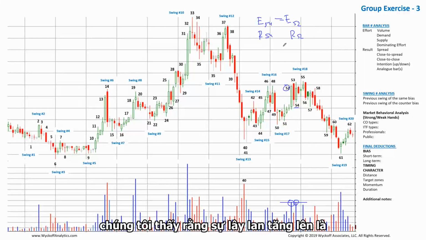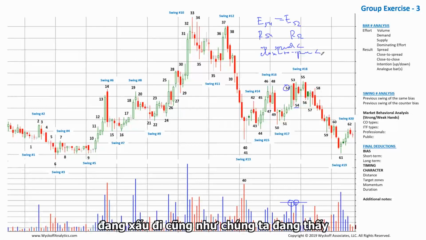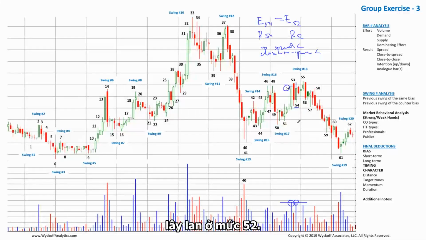Well, we see that the up spread is definitely diminishing. We see that the close to spread is deteriorating as well. We are seeing a tail here on this bar where we didn't have any tails at the top of the spread at 52.